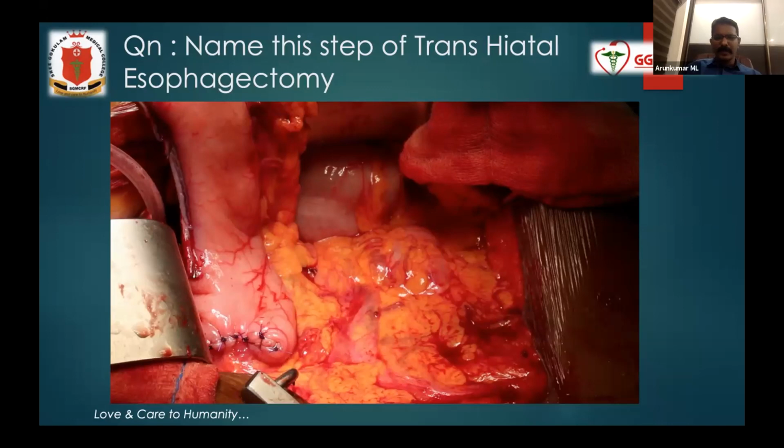Theoretically, it needs to be drained well. I can't prove it, but it's a denervated stomach, at least in the initial postoperative phase, so it should be drained well.